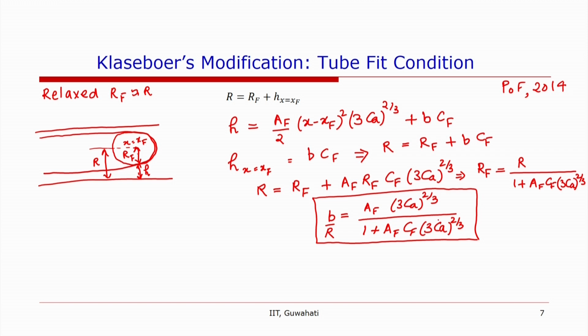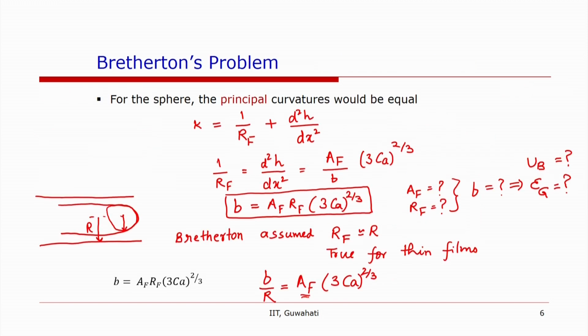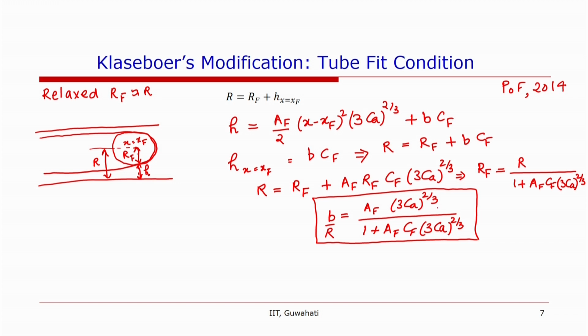You might check that the numerator term is the same, AF 3Ca to the power 2 by 3, as obtained by Bretherton, but there is an additional term, which is 1 plus AF CF 3Ca to the power 2 by 3, and which will be valid for high capillary number also. So that is the film thickness correlation that can be obtained from there.